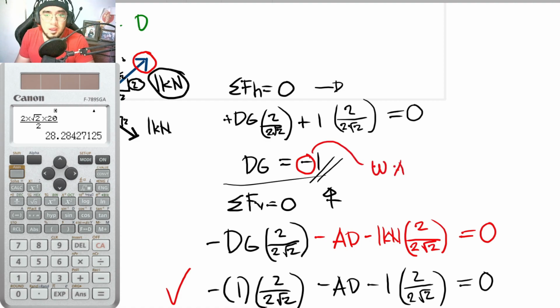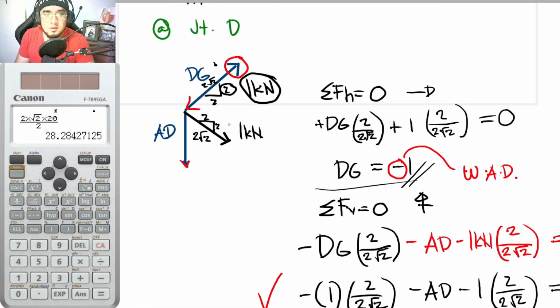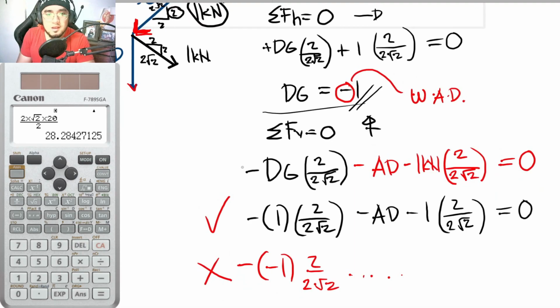Since we have already corrected it, initially I had assumed that this force is tension, and since I assumed wrong, I have just reversed its direction. So the 1 kilonewton load is pointing downwards, and the negative symbol here indicates that it is now downwards.